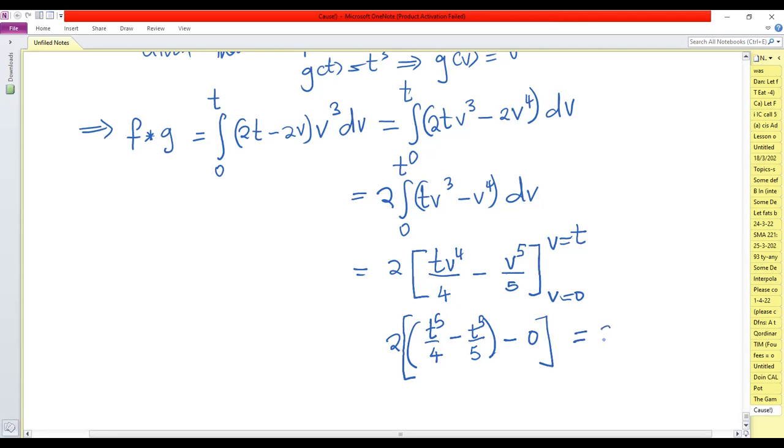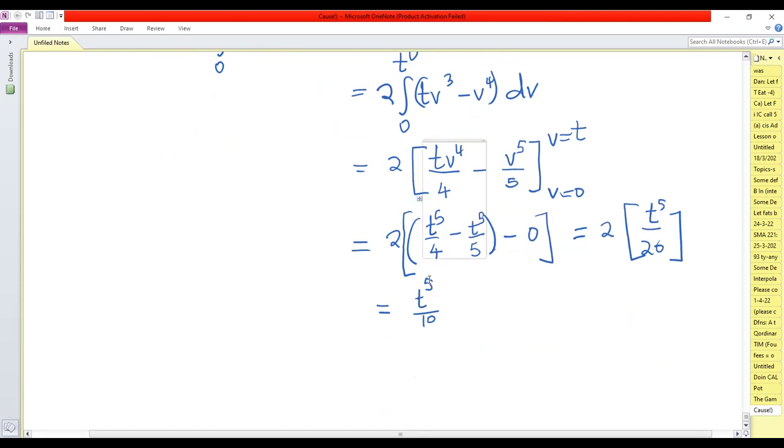So this will be twice a quarter minus a fifth, which gives 1 over 20. So we'll have t power 5 over 20, and then when we multiply by 2, we get 1/10 times t power 5, or simply t power 5 over 10. So this is the solution for the convolution of f and g.